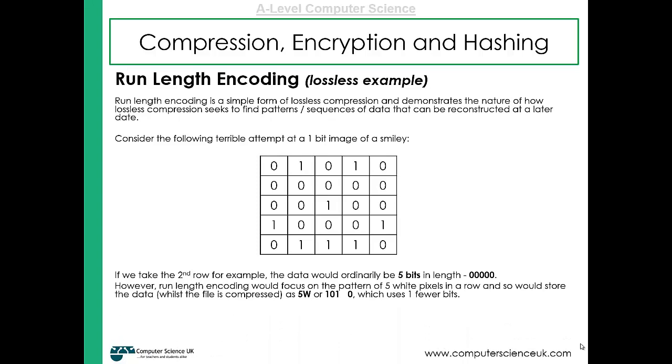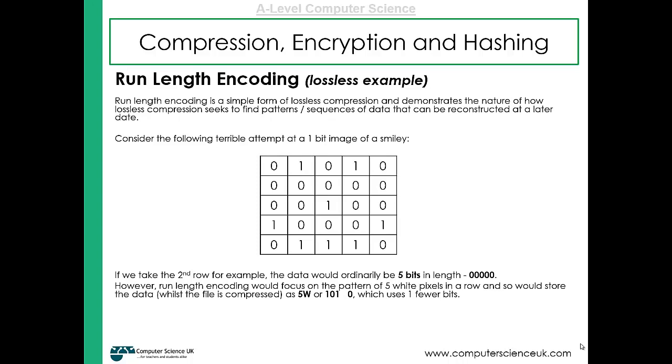But run length encoding would look at the pattern of 5 white pixels in a row, and instead of storing all 5 zeros, it might say, what we're going to do is store the file whilst it's compressed as 5 W's, or 101 being 5 and 0 being white, which uses 1 fewer bit.